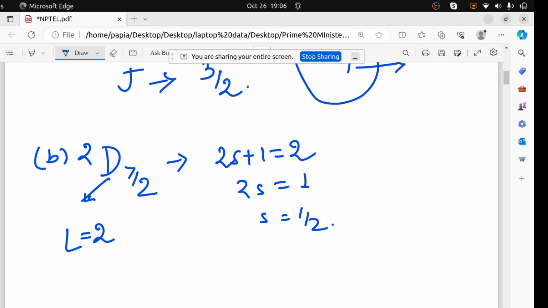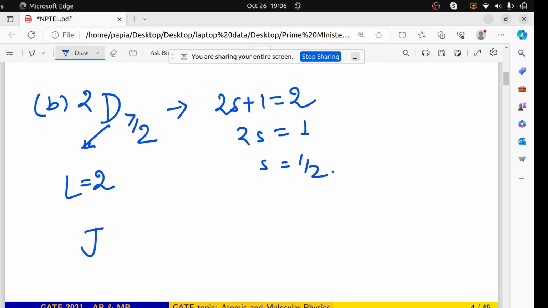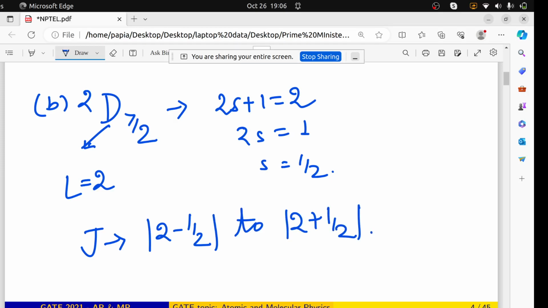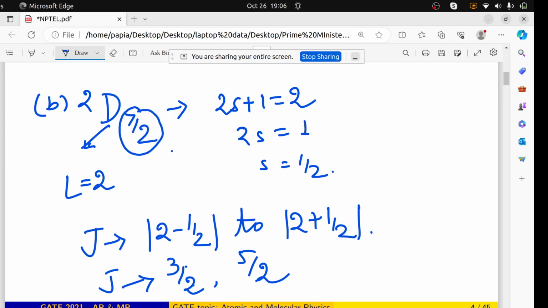Now coming to the J value: J will be 2 minus half to 2 plus half. 2 minus half is 3/2, and 2 plus half is 5/2, in steps of 1. So J can be 3/2 or 5/2. But in the notation J is 7/2, so this notation is also not possible for LS coupling.